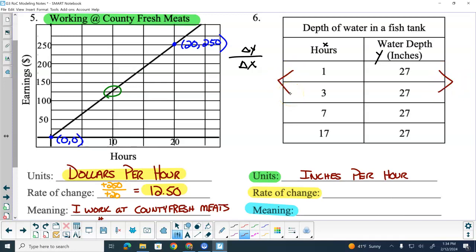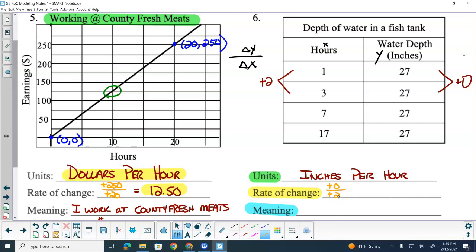So what's our change in Y? What's going on with the water here? They're the same. So what's our change in Y? 0. You gotta watch out for that one. So it's plus 0 all the way through, no matter which one you chose. Then this side was going to be plus 2. So if I choose those two, I would have plus 0 divided by plus 2. 0 divided by anything is 0.